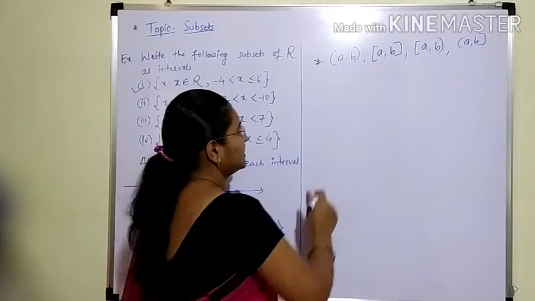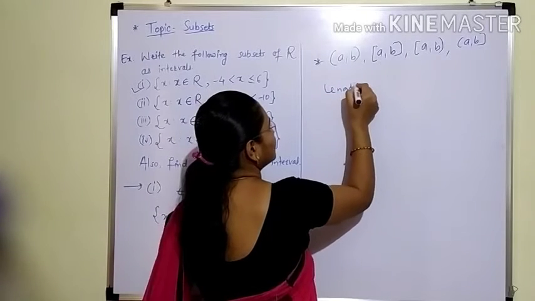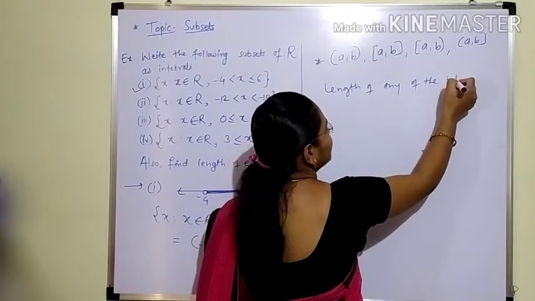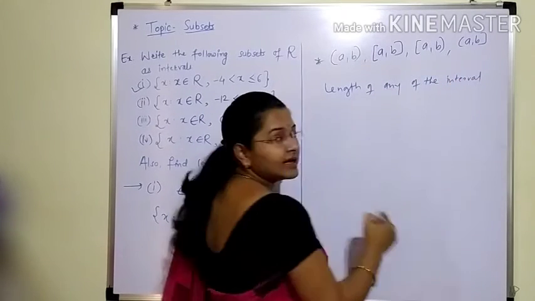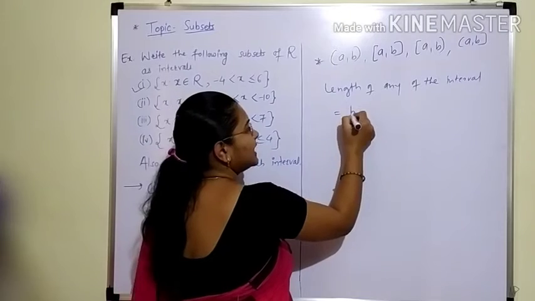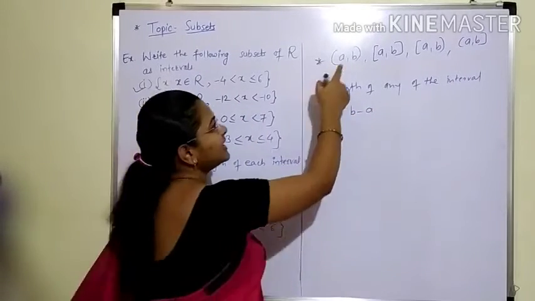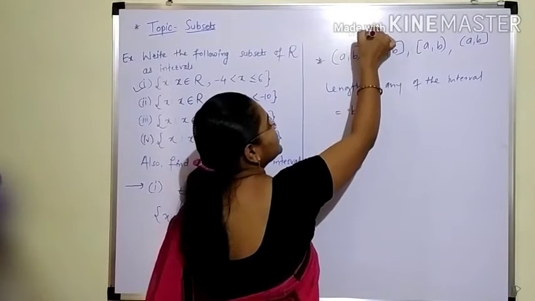That is, length of any of the intervals is equal to b minus a, because before defining the interval we are taking a strictly less than b.